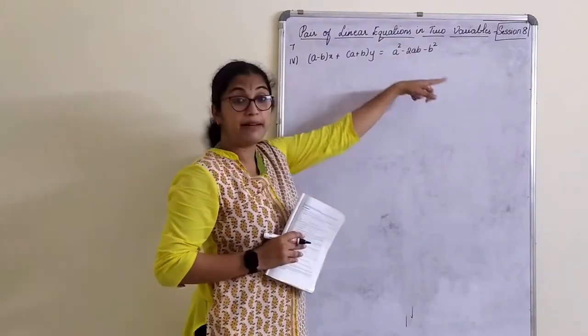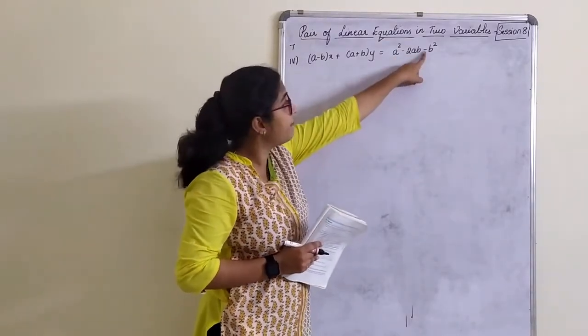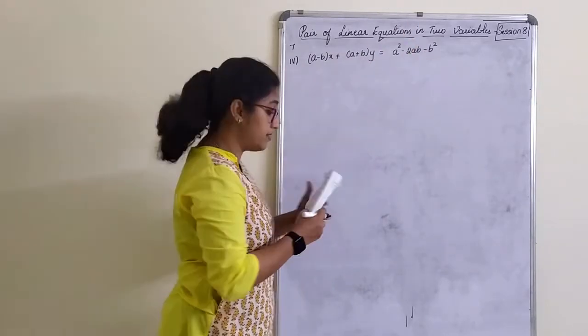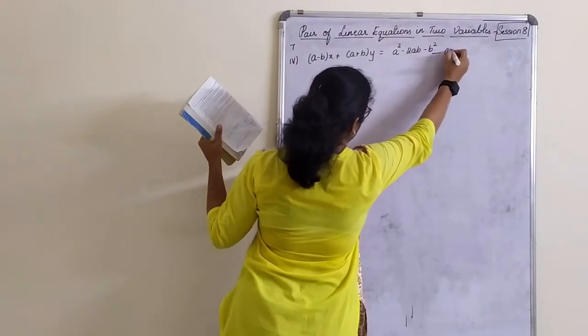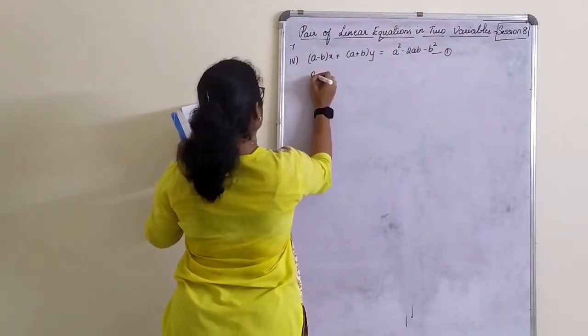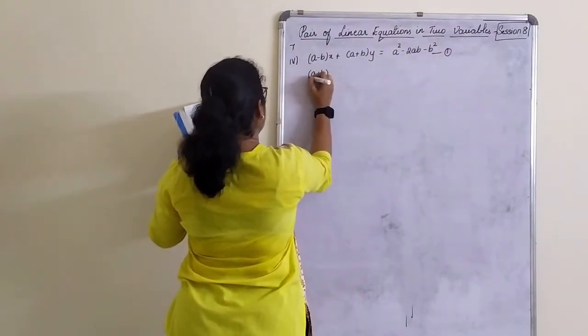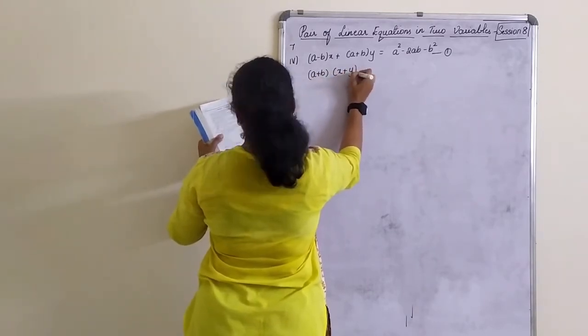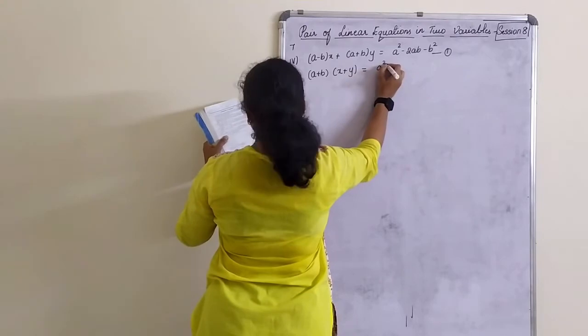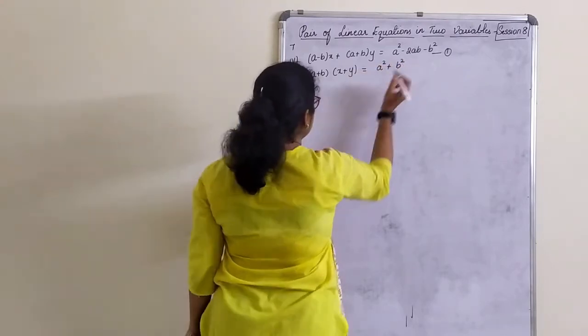Children, this is not (a minus b) whole square because we have minus b square. So keep it as it is. This is equation 1. Another equation, (a plus b) of (x plus y) is equal to a square plus b square.